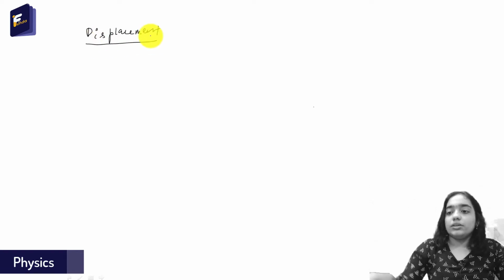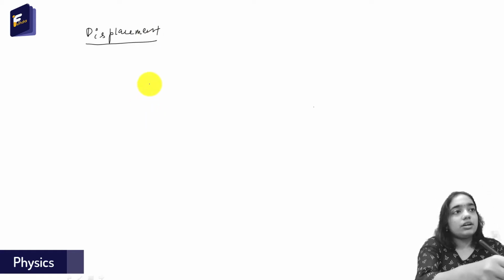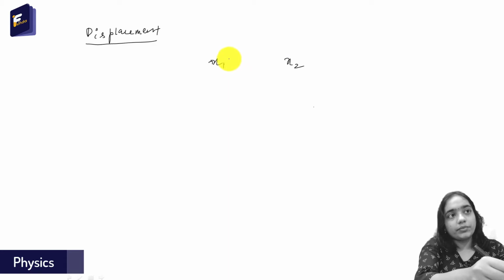So we will discuss displacement. Displacement is nothing but the change in position. Like if a particle is at x1 and it moves to x2, this is the displacement, means the change in position.